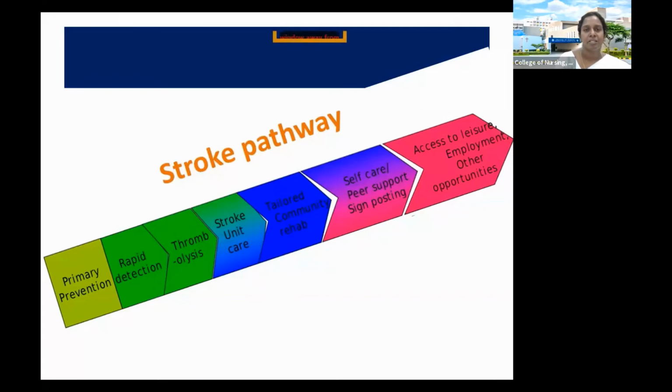Thrombolysis is the mainstay of treatment that we have. Then the patients are shifted to the stroke unit care. And then rehabilitation and all those things follow in the coming days. So this covers the medical management, the surgical management, and the teaching that we can give for patients. The rest of the rehabilitation will be covered by ma'am.